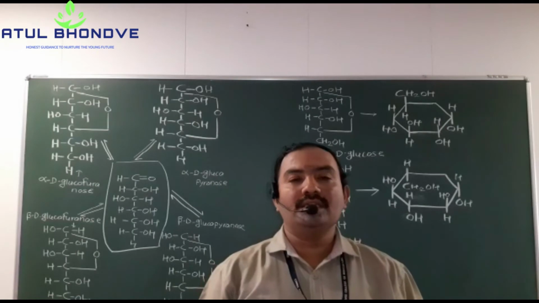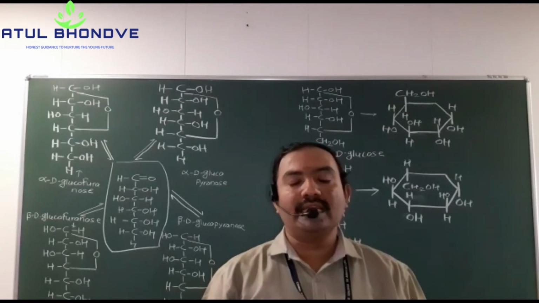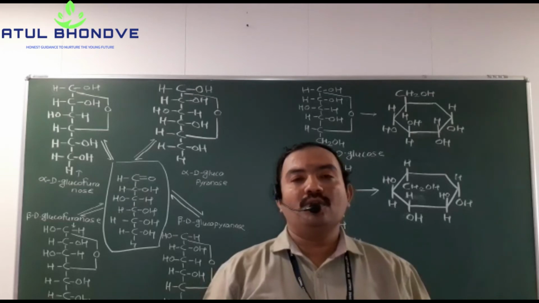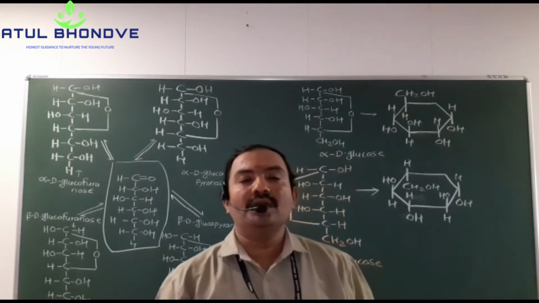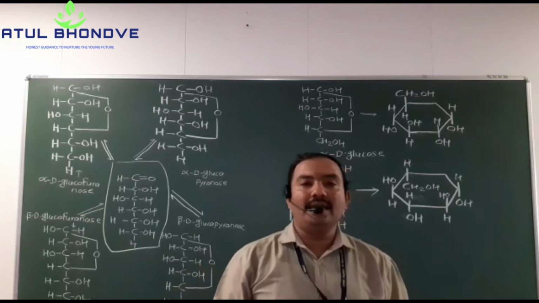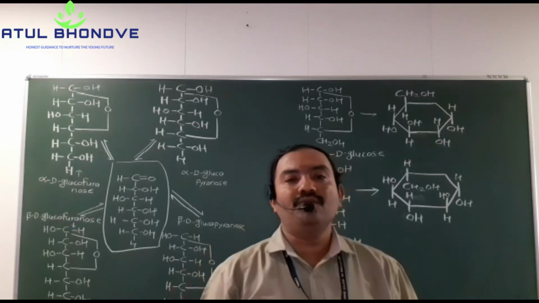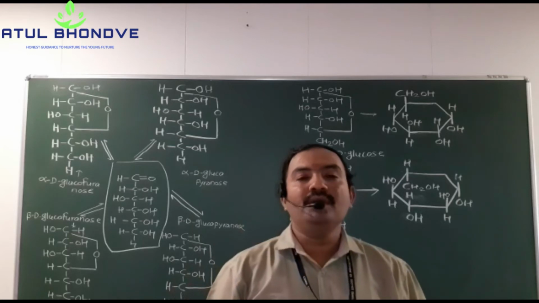Students, according to the suggestion given by the scientist Rosanoff in 1933, the anomers that form the same structure around the anomeric carbon and the ultimate carbon, that is present at carbon 4 or 5, are classified.